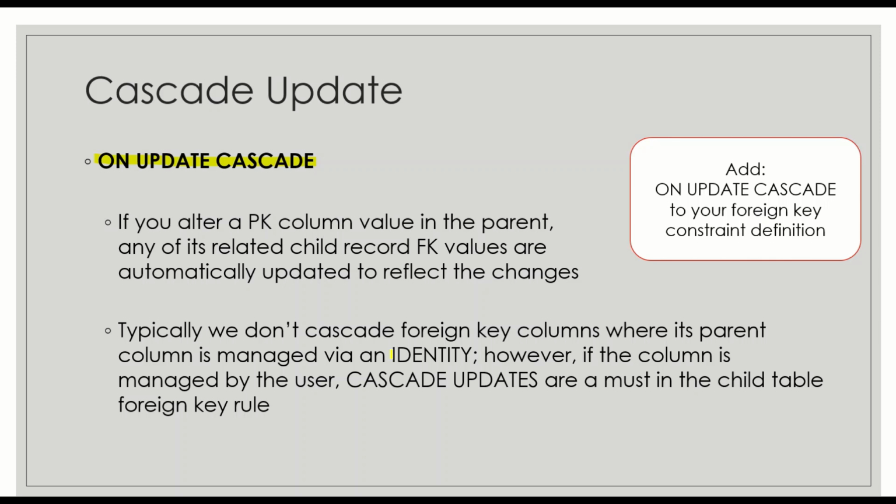If you have a primary key that's just an identity, then there's no reason to cascade updates because there would never need to be a reason why a field would have to change its primary key value. So if you have an identity as the primary key, then typically we don't bother cascading updates. But if we have the column that's managed by the user, cascading updates are a must. So it just depends on what your table design is set up as.